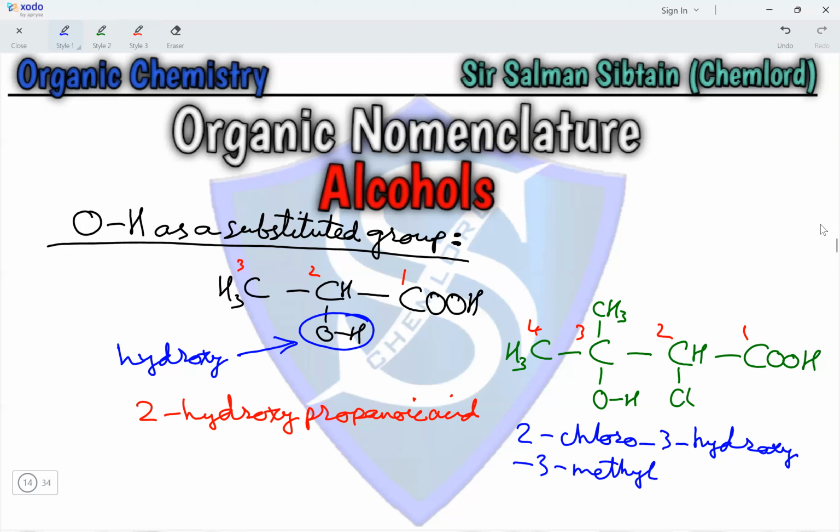And the name of the parent compound containing 4 carbon atoms would be butanoic acid.